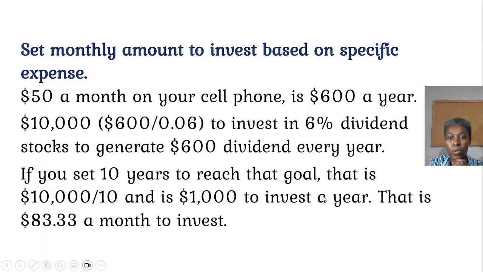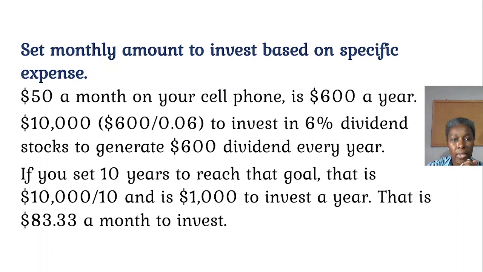If you set the goal to have this $10,000 invested the first year, then I can just turn it to $12,000. That would mean investing $1,000 a month. But again, it might be a lot for some. So I'm going to use this $83.